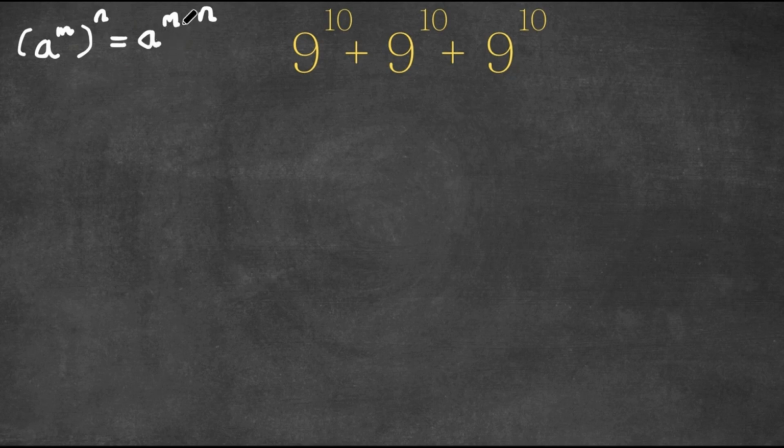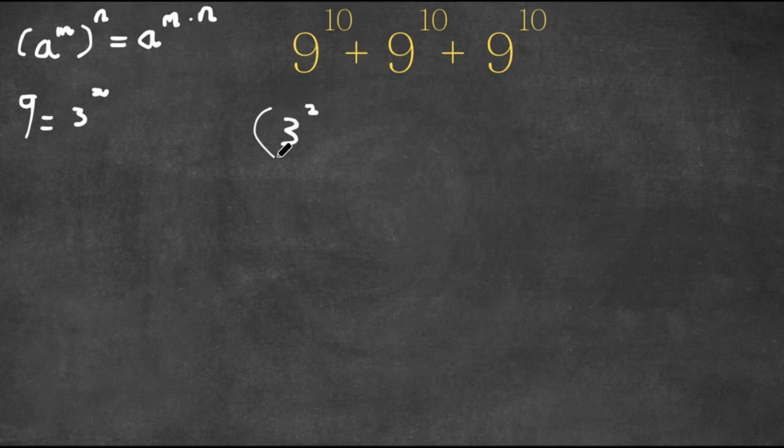If we have something in the form a to the power of m times n, this can be written as a to the power of m to the power of n. So right here we have 9, and 9 is equal to 3 squared, right? So I'm going to first replace all our 9's here with 3 squared.